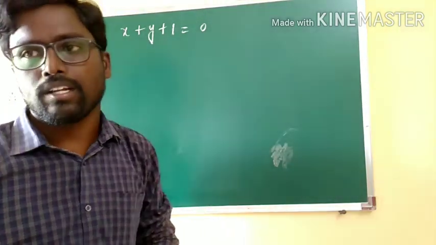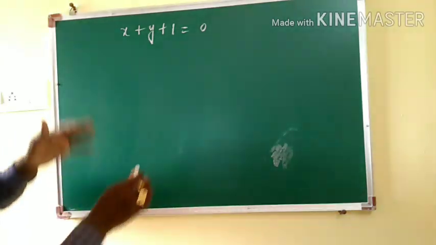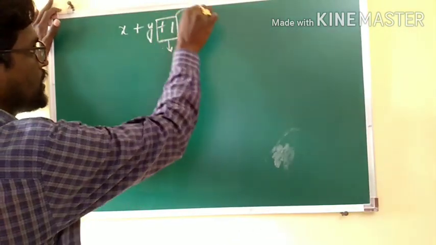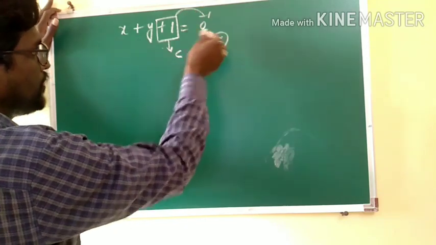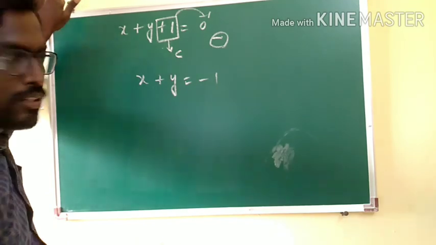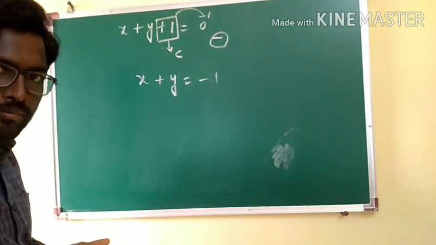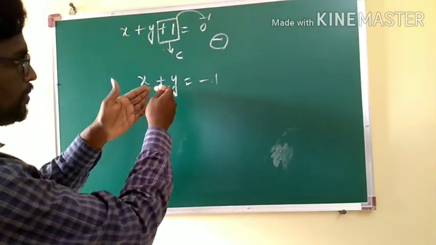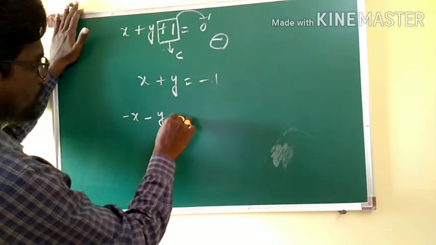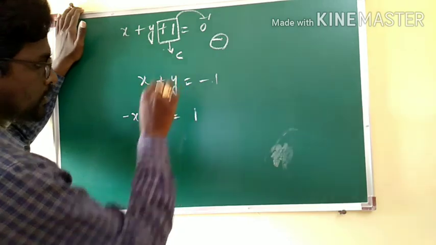What do you notice? Here c is positive. So on transposing to the other side it becomes negative. Therefore, x plus y is equal to minus 1. So to make it positive, what will we do? As I said earlier, I will be multiplying by minus on both sides. Then it becomes minus x minus y is equal to plus 1.